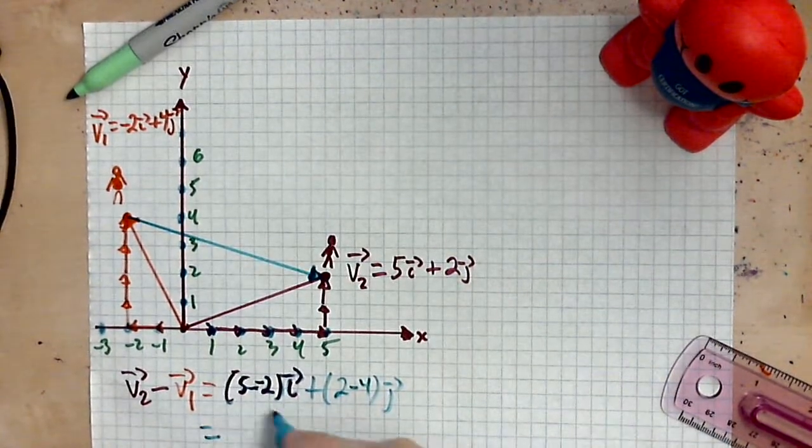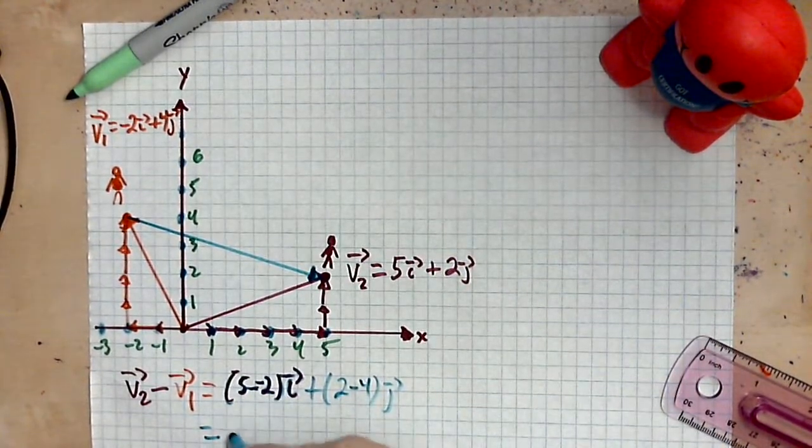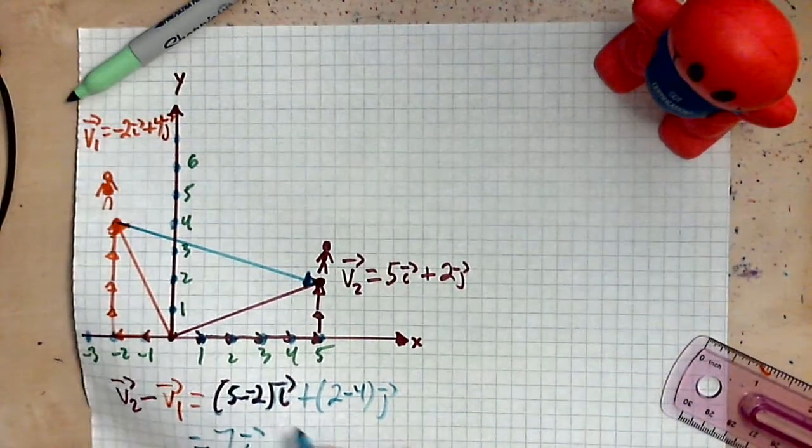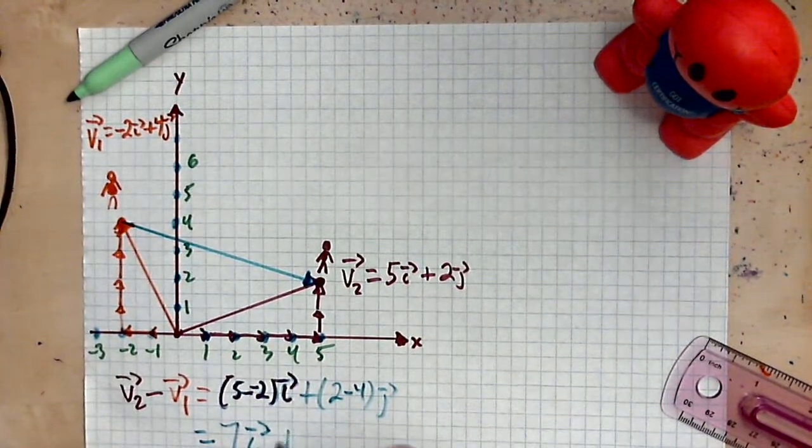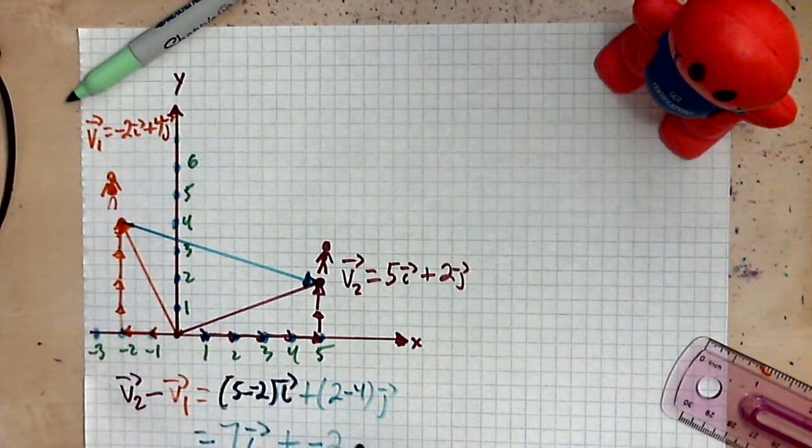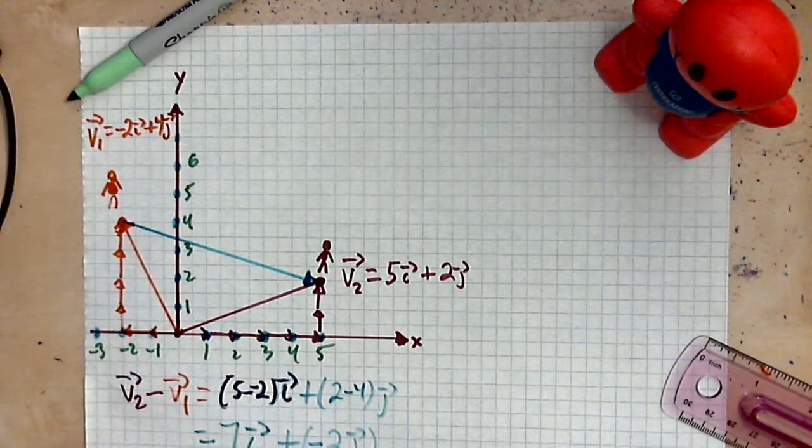Now we simplify these. So 5 minus a negative 2, of course, is a positive 7i. And then the next one is negative 2j. Okay, so this is the procedure.